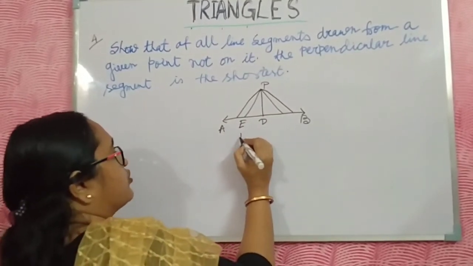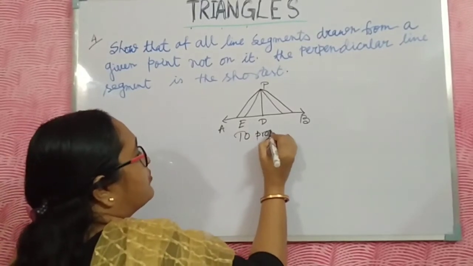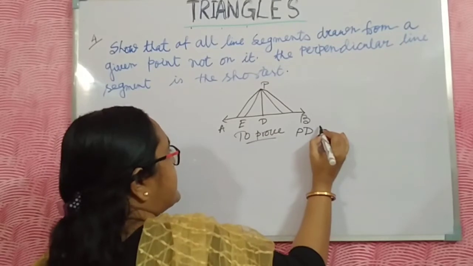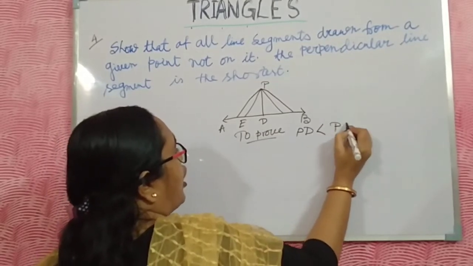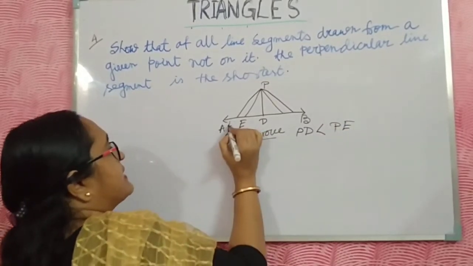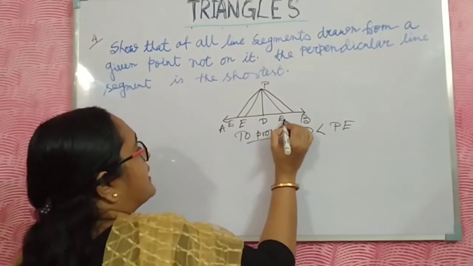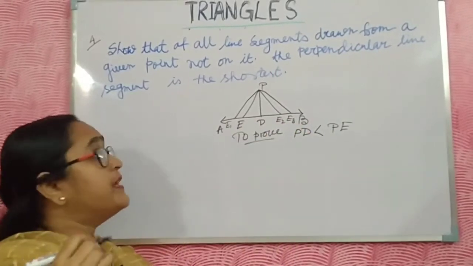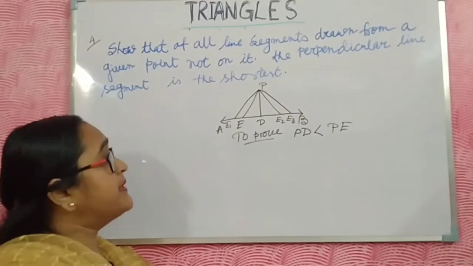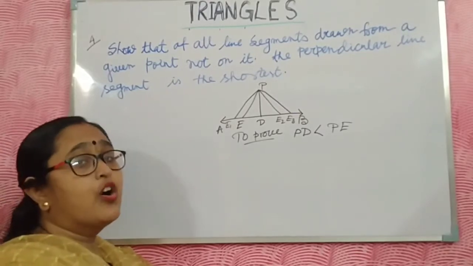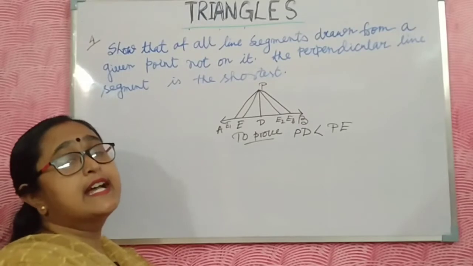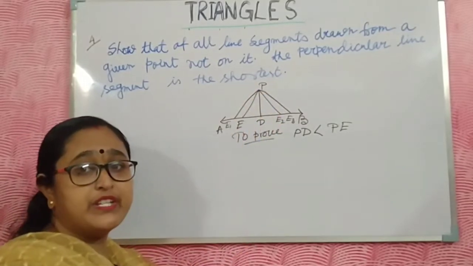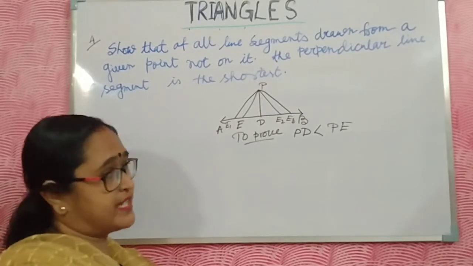To prove: any line PE, PE1, PE2, PE3, all these lines are greater than PD, the perpendicular line PD is the shortest distance.